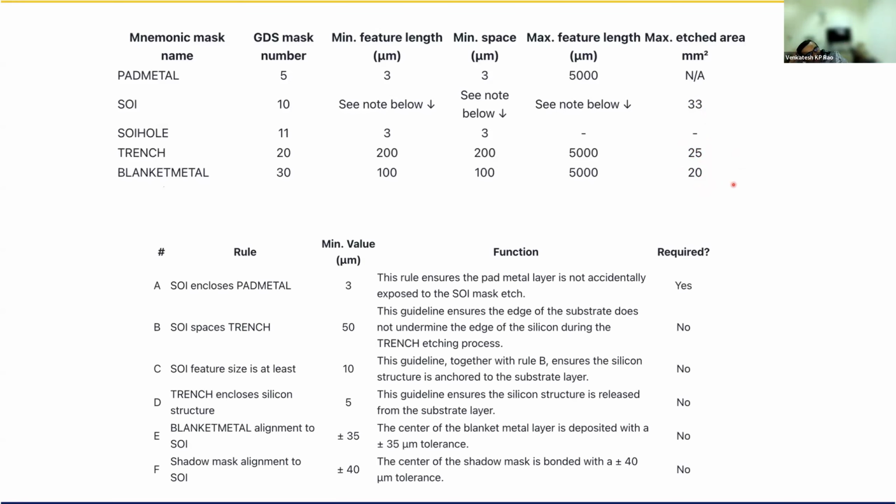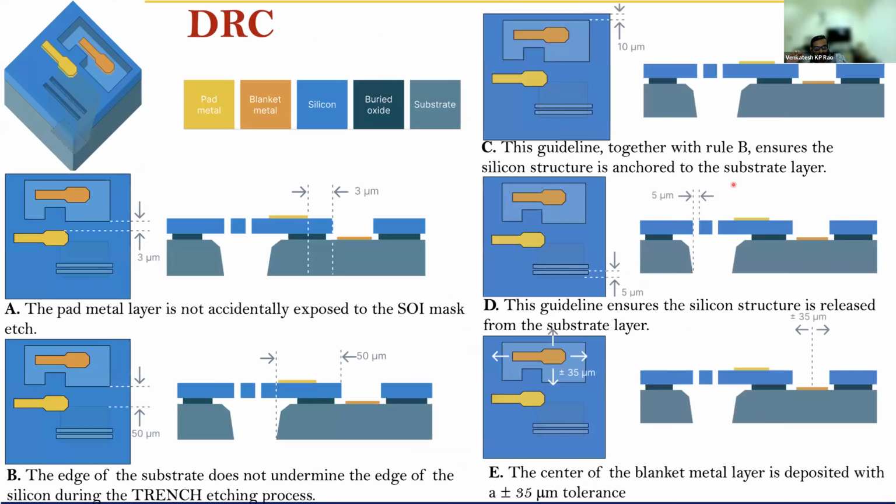Now, what is really required and what is not? What is a real constraint and which is not? First one is that the SOI encloses the pad metal. The minimum dimension should be 3 micrometers. That's a mandatory thing. This rule ensures that the pad metal layer will not be exposed to the SOI mask, because we know that there will be under etching also, which comes up, right?